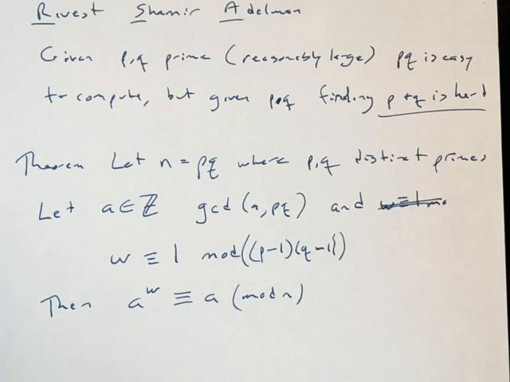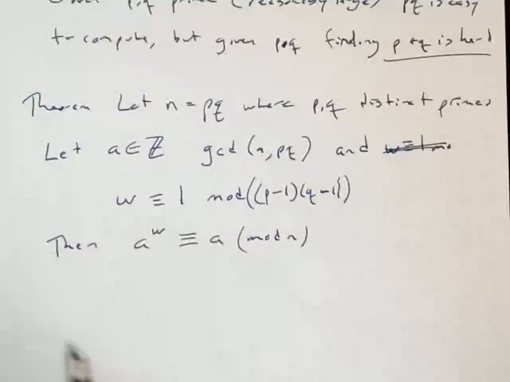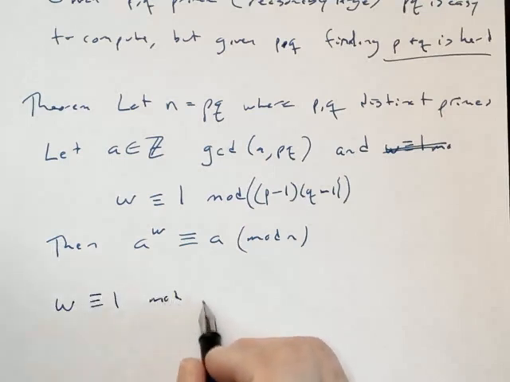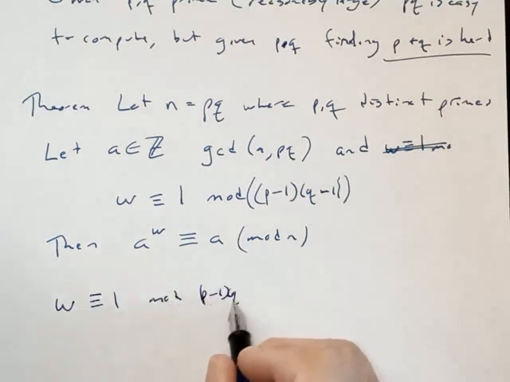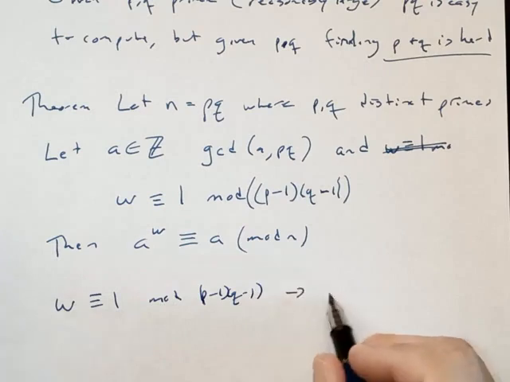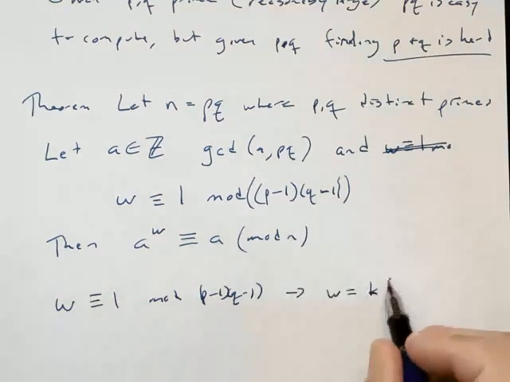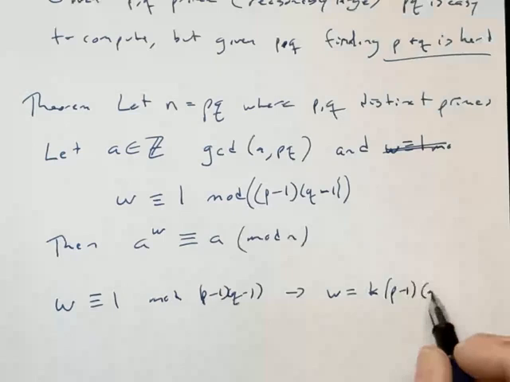So let me start with the modulus. W congruent to 1 mod the product P minus 1, Q minus 1. That means that W equals something times P minus 1 times Q minus 1 with 1 left over.